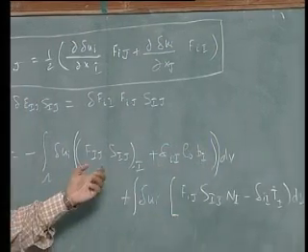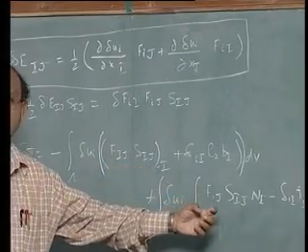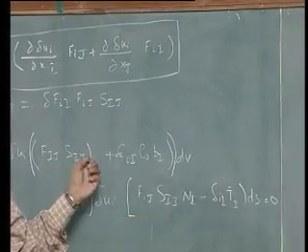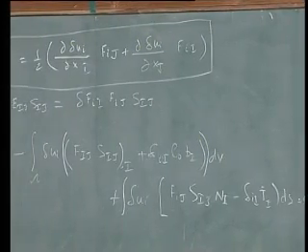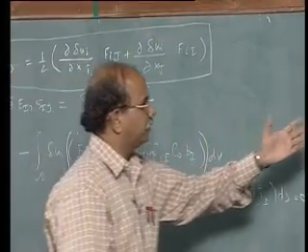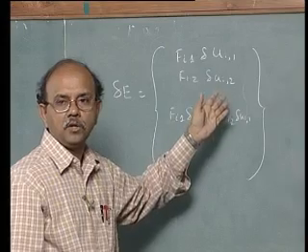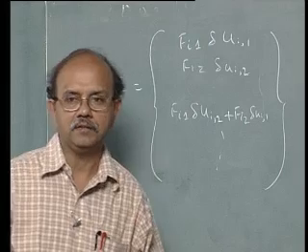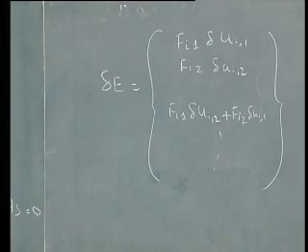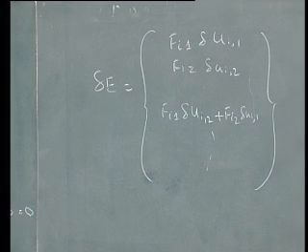We will get the equilibrium equation, and we will get the boundary conditions from this. This is what we saw in the last class, and we also said that delta E, for example, if it is to be written in terms of 11, 22, 33, 12 and so on, you can write down delta E to be like this. So this will be the starting point of our finite element formulation.